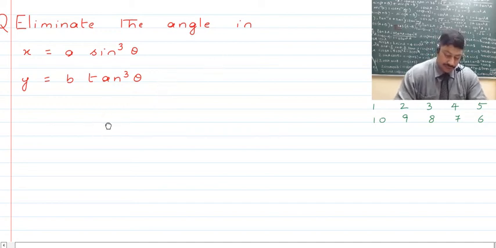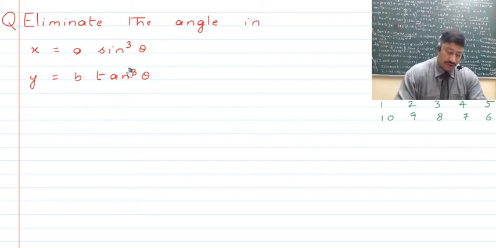So first we are going to make these equations a little different so that they come into that square trigonometrical identities format.